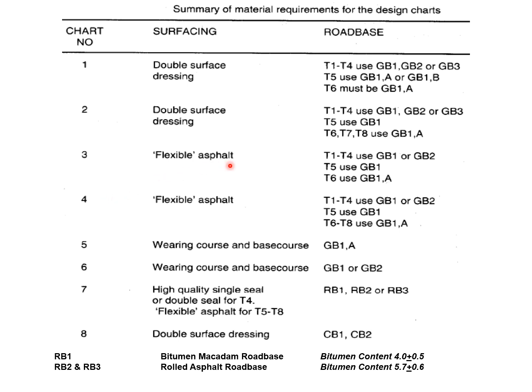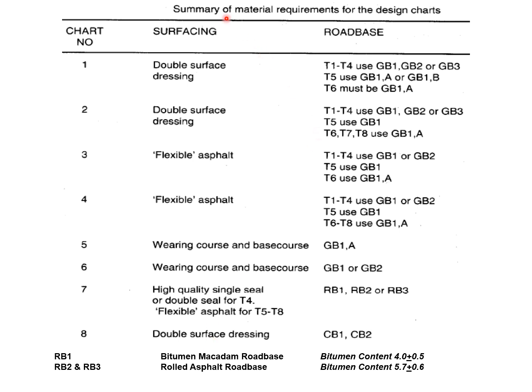That means asphalt concrete has been placed at the top, and when you are having the proper wearing course and the asphaltic base course, then we are having chart 5 and 6. Now look at the description of chart number 7 and 8. Chart 7: high quality single seal or double seal for T4, flexible asphalt for T5 to T8. And chart 8, double surface dressing.